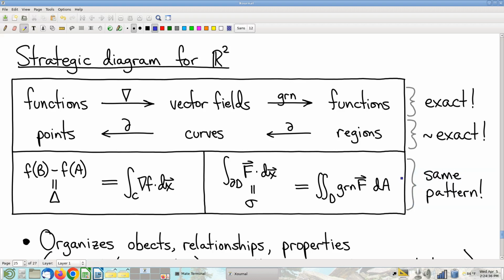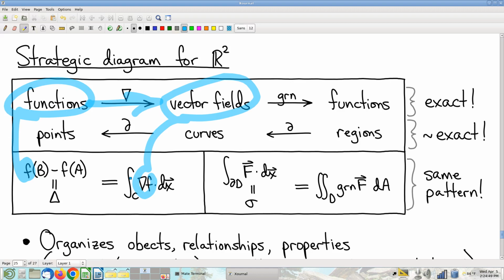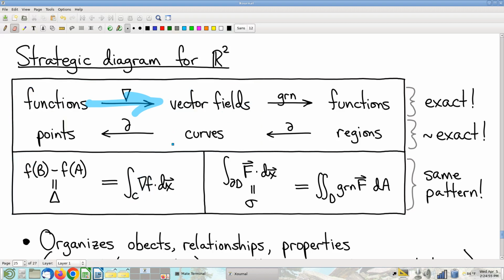Here we go. Fundamental theorem of line integrals. If I have some function and I take the gradient of it, which I do, look at the fundamental theorem of line integrals: there's an f, and then in the integral there's gradient f. So I take a gradient.